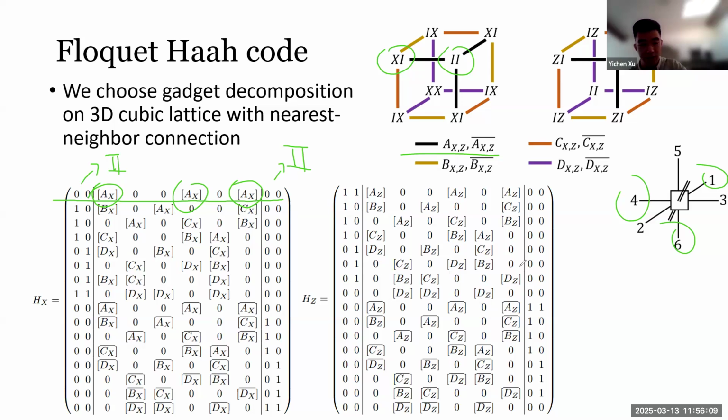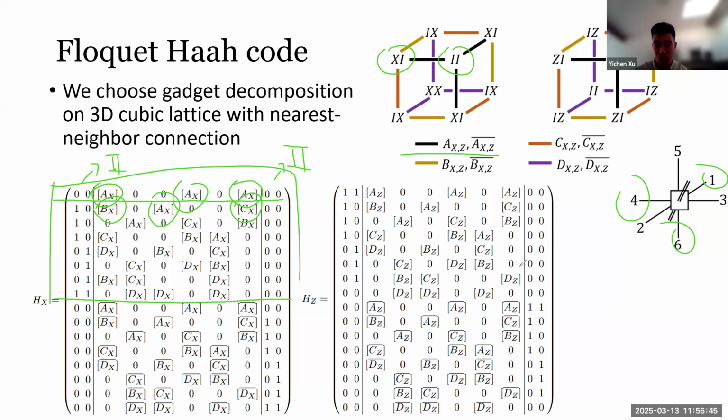A goes in direction 3, B goes in direction 1, and C goes in direction 6. So this is literally the second row. You have 8 sites on the cube, so you have 8 encoding maps until here. And you have another 8 because you have 8 outgoing stabilizers in which this site is involved. So you have in total 16 rows, and similarly for Z.